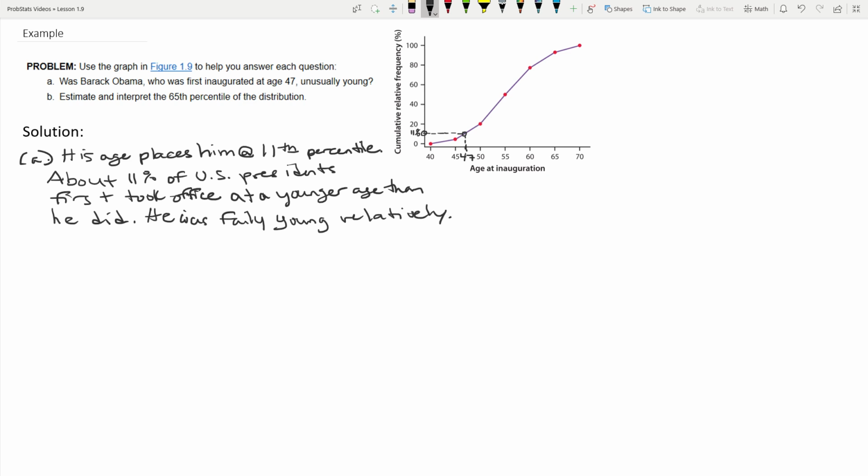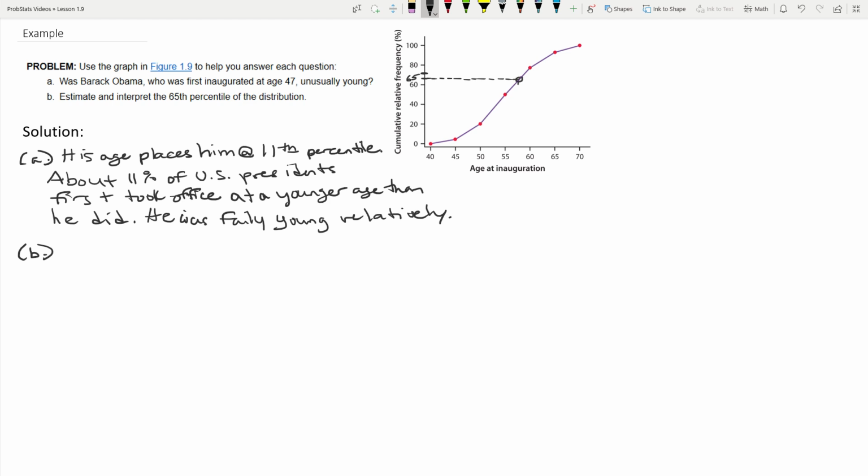All right, so now let's look at the second part. So if we want to estimate and interpret the 65th percentile of the distribution. Okay, so we're going to go to the 65th percentile. So this right here is the 70th percentile. So 65th would be like around here. So that's about 65. We're going to work our way to the graph. So it looks like around here.